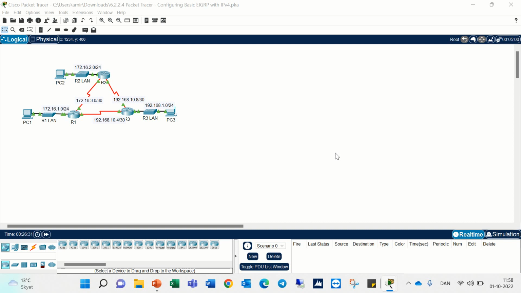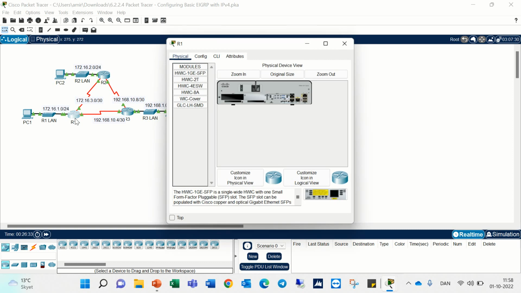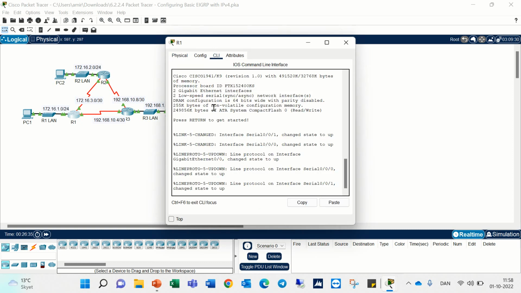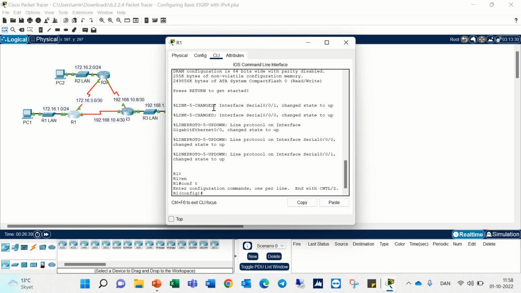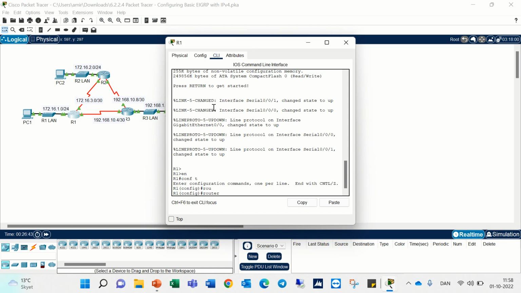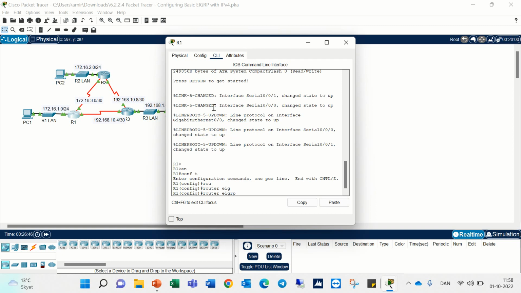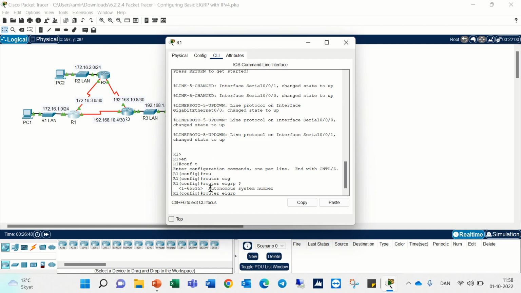First, we should go to router A here, and in global mode, you can write router eigrp and a question mark. You can see what your autonomous system number is. The autonomous number, for example, can be 1, but it should be the same for router 1, router 2, and router 3.